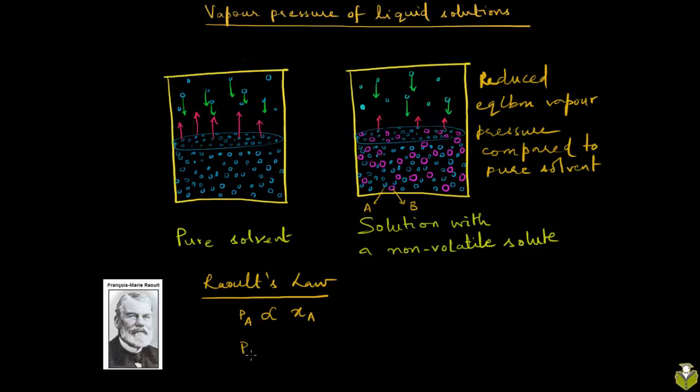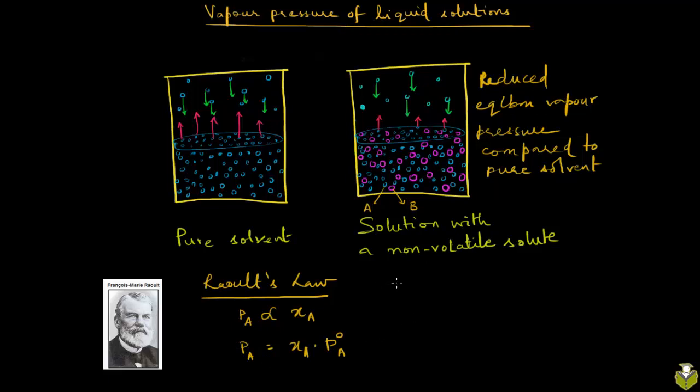The proportionality constant here is the partial pressure of water in its pure form. When its mole fraction is 1, the vapor pressure is equal to the vapor pressure in its pure form.